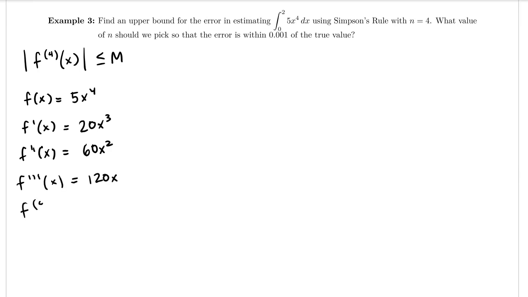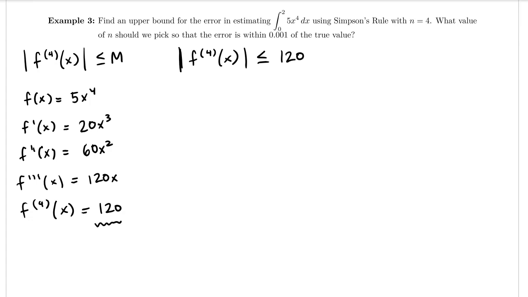And then our fourth derivative, finally, is equal to 120. And so in this particular instance, the absolute value of our fourth derivative is less than or equal to the number 120.